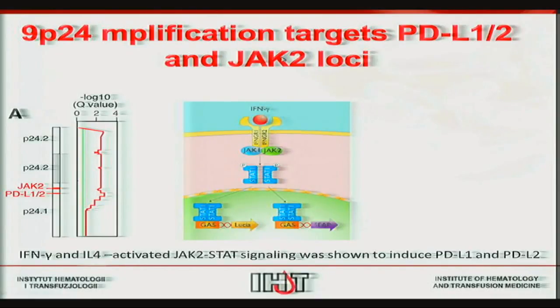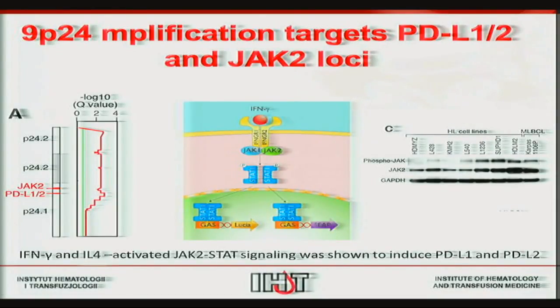So basically, at the site of inflammation, interferon gamma that is produced by T cells induces activation of JAK1 and JAK2 kinases, which phosphorylate STATs, and STATs go to the promoters of their responsive genes and upregulate their expression. Two such genes are PDL1 and PDL2.